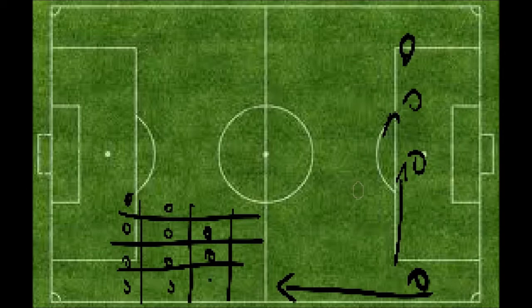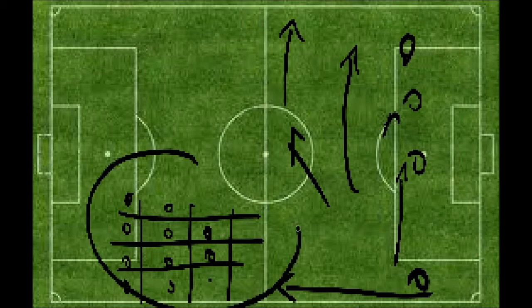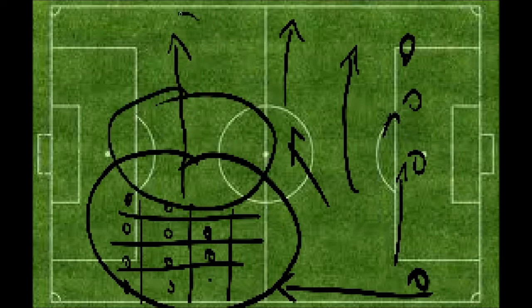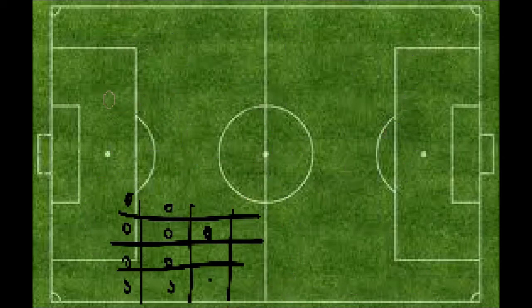Automatically, if this team passes the ball across through the defensive line or through the midfield line or even through a striker across to the right, this group over here, now mark my words, we're coming up to the end now, will move across as a unit all the way to the other side, thus blocking the central area and then the area on the left hand side.